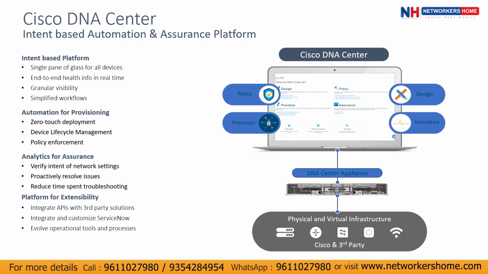But here in assurance, we are getting application-level insight where any application is not working, or due to some QoS it is not giving the proper throughput or proper customer experience, right? Then you can identify those types of issues. So assurance is a very important use case within the DNS Center.